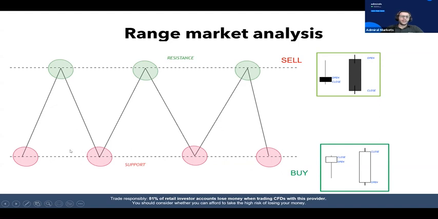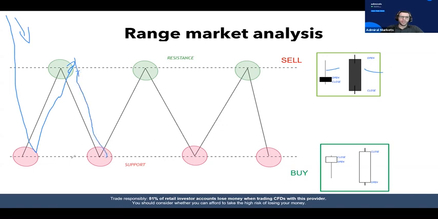The market, let's say, is coming to the downside. At some point, it behaves as normal, a retracement here. Let's say we are in a downtrend, so we find the bearish pin bar or a bearish engulfing, we initiate the position, and we take our profits around this low point.